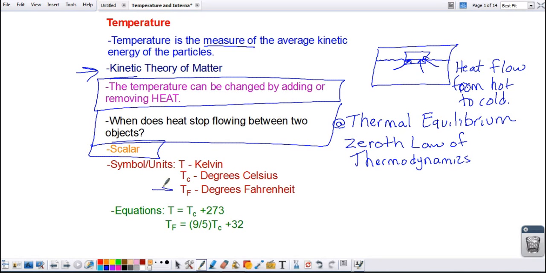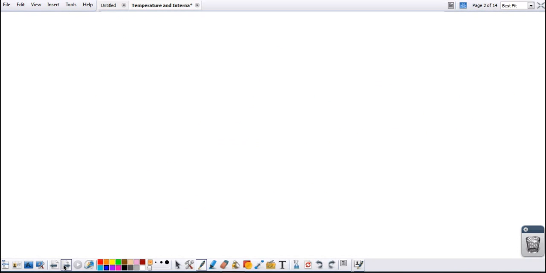We're going to start with what we use here in the USA, Fahrenheit. Fahrenheit was developed by Fahrenheit. What he did was he took a solution and made it as cold as he possibly could, and when he did that, he called that temperature 0.